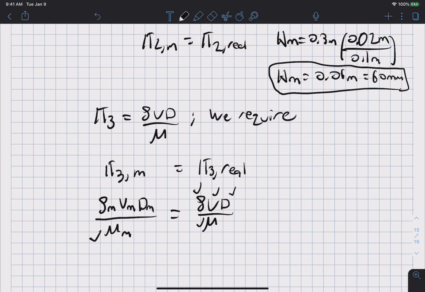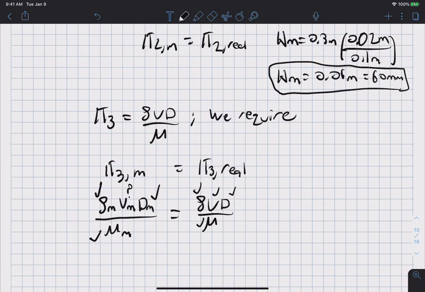We know mu of the model, we know d of the model, and we know rho of the model, and we don't know the velocity used in the experiment. And so you can use pi 3 to determine what velocity you need to use in your experiment to ensure that your measurements are consistent between the experiment and the actual object.